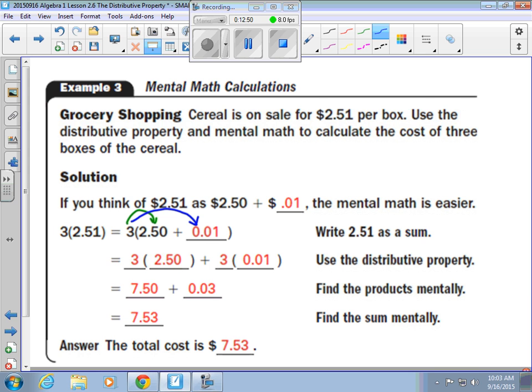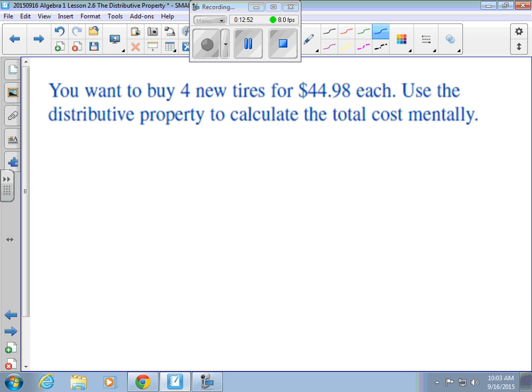And then on the back again, you don't have to write all of this down. Just do it for me. You want to buy 4 new tires at $44.98 each. Use the distributive property where you can mentally calculate it quickly.